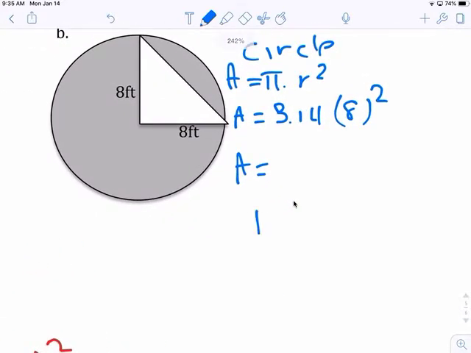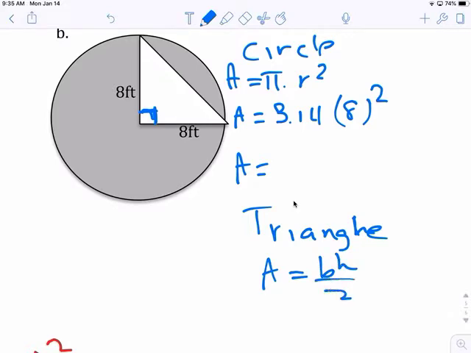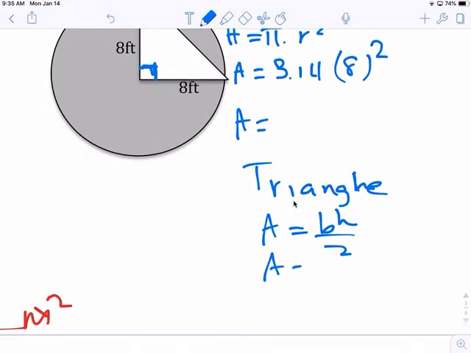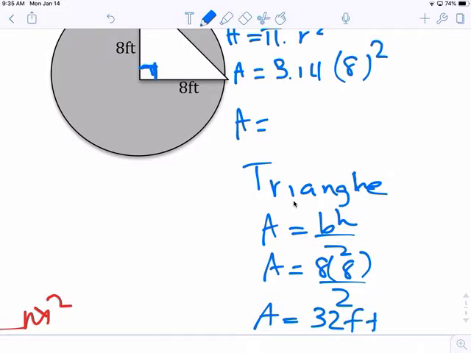The other is a triangle. I forgot to put the 90 degrees. Area of a triangle is base times height divided by 2. Base is 8, height is 8, divide that by 2. Area is 32 feet squared.